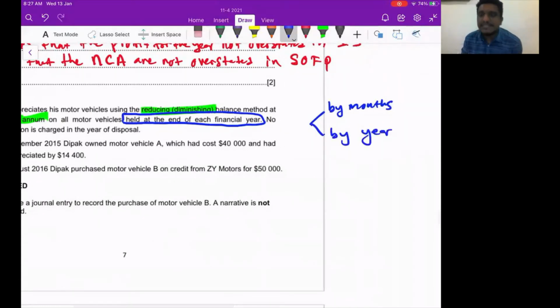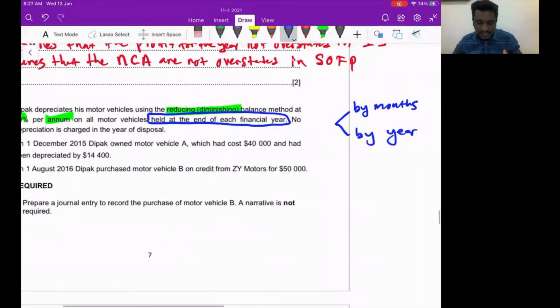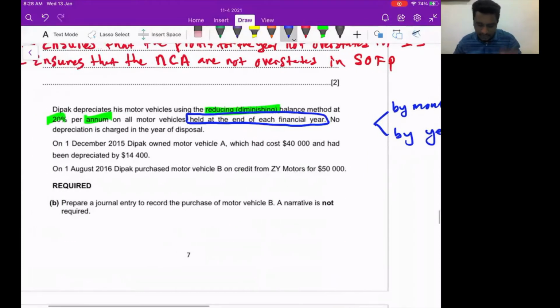By year means you no need to care about how many months. Okay, we need to read the question now. If the question says by month, then only we calculate how many months. If the question says held at the end of each financial year, they're going to calculate the depreciation by year. So you just don't care about when you buy, how many months and everything. It's much easier. Okay, we continue.